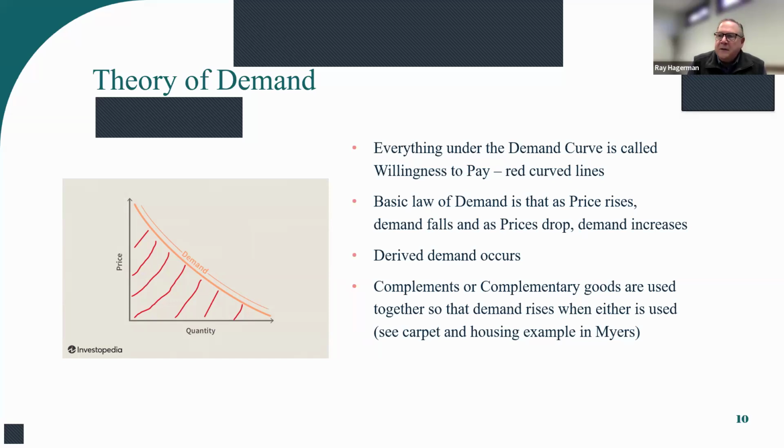The simple example in Myers is carpet and housing. It makes sense. When you buy a house, like as not, you're going to be buying carpet along with said house. You've got to be in a house, whether you're renting it or owning it, before you're going to put carpet in it. So that would be an example of complementary goods.